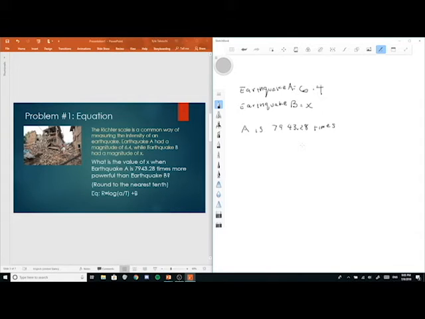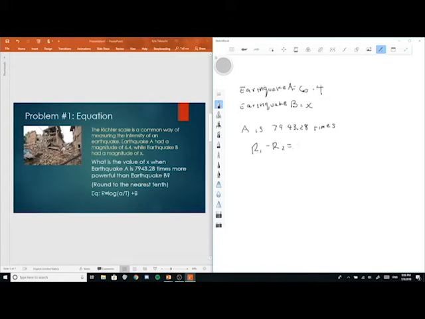So, based on the information given to us, we're going to solve it as if we were trying to find how much more powerful earthquake A is compared to B. So basically we try to find the difference between the two Richter values, the magnitudes. So R1 minus R2 is the difference between the two magnitudes.